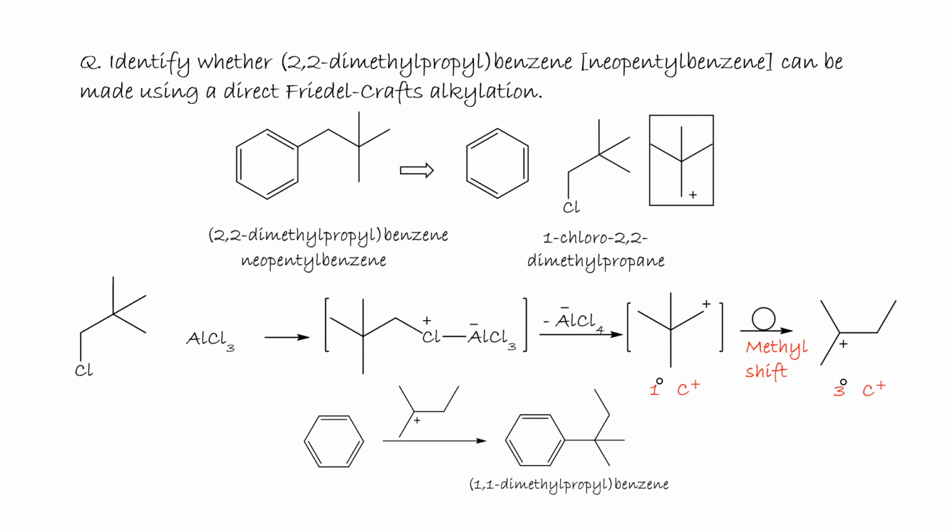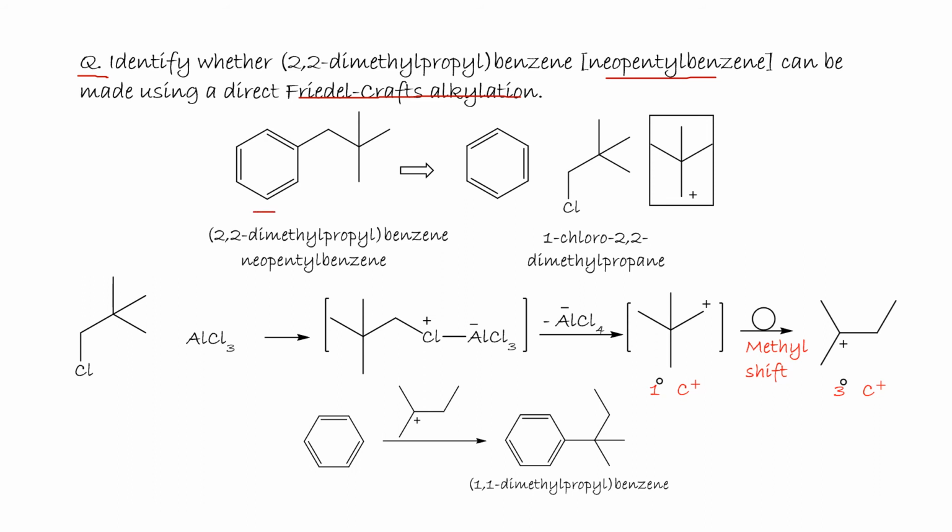Let's have an example for that. Identify whether 2,2-dimethylpropylbenzene, neopentylbenzene in common name, can be made using direct Friedel-Crafts alkylation.